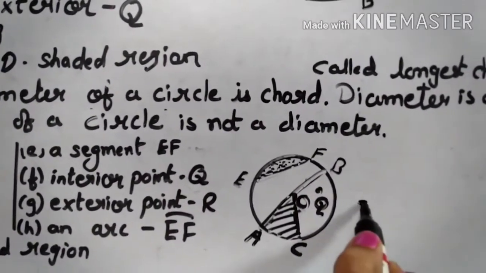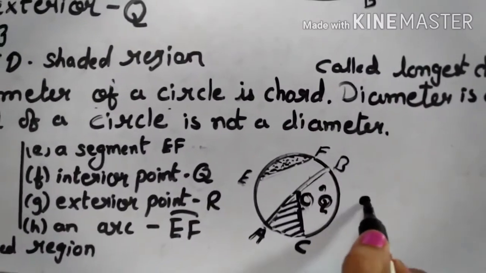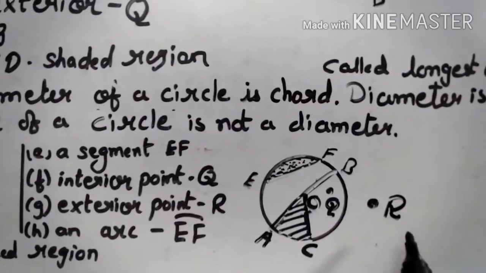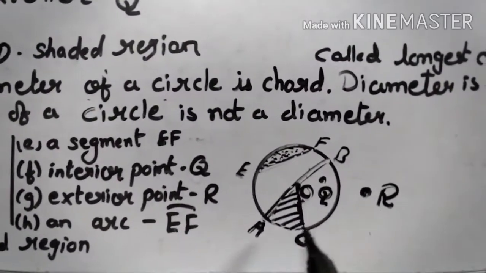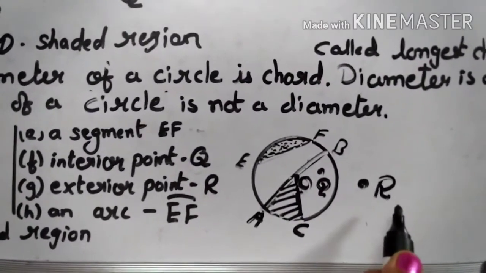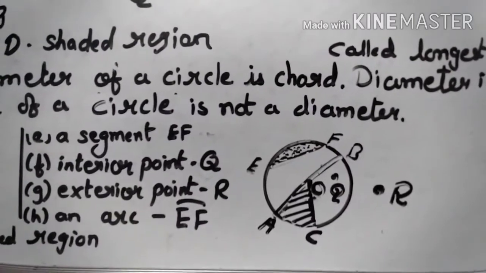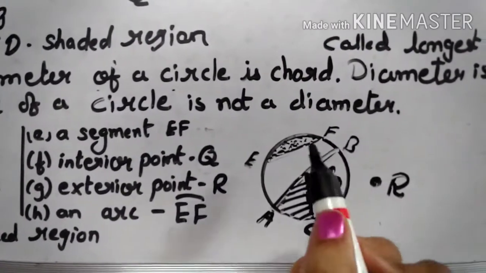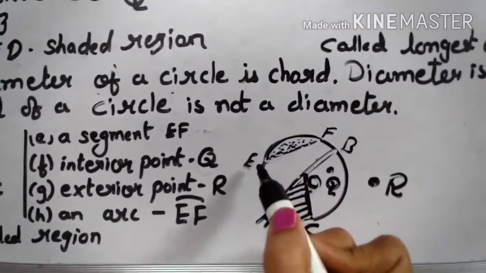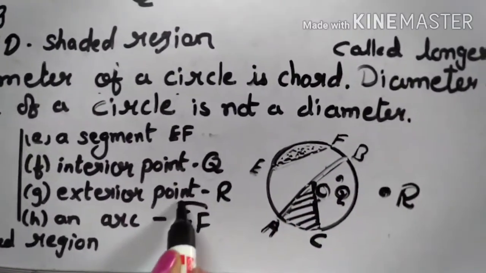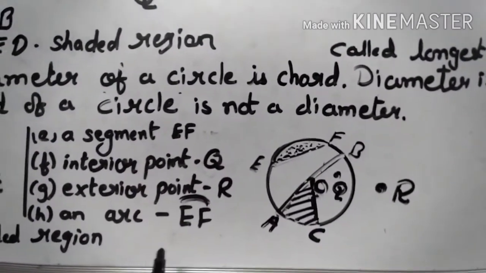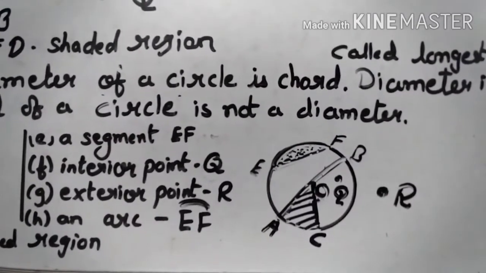Let's mark a point outside the circle and give it the name R. This R is outside the circle, so it is called an exterior point of the circle. Now an arc. You can see here arc EF. This is your arc EF. Here you have to draw a symbol like this for the arc. This is called an arc.